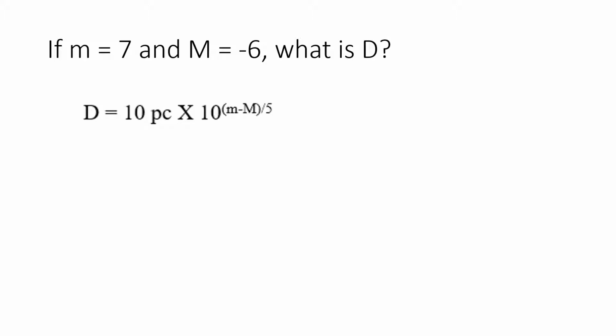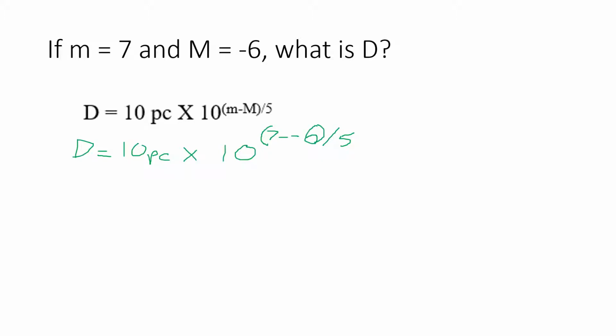So let's do an example where you have to do exactly that. If the apparent magnitude is 7 and the absolute magnitude is -6, what is the distance? So the distance is going to be 10 parsecs times 10 raised to some exponent, which is going to be little m minus big M divided by 5. So what's little m? Little m is 7. And then we have to subtract from that -6.